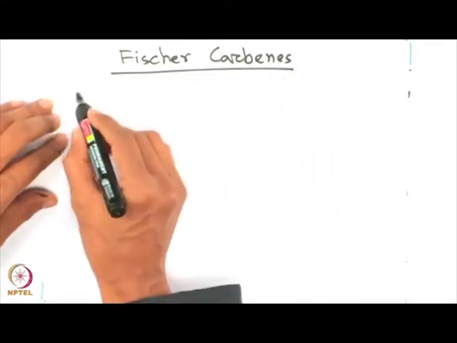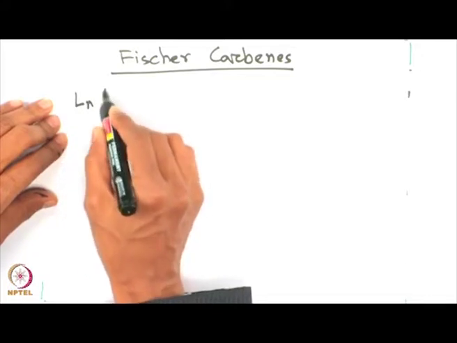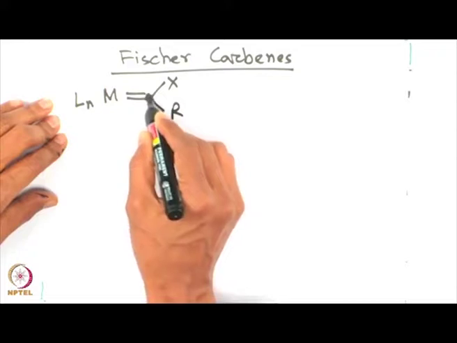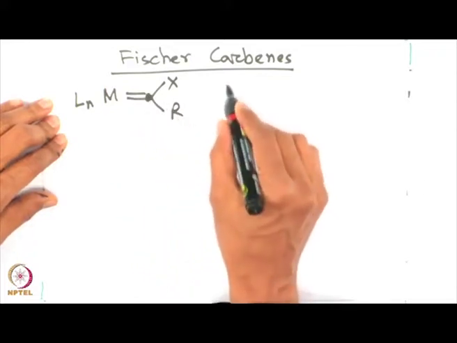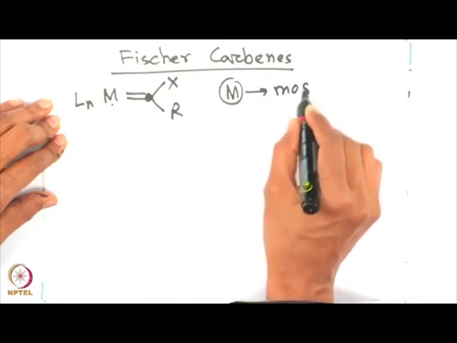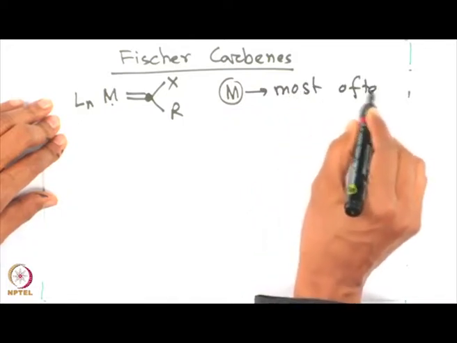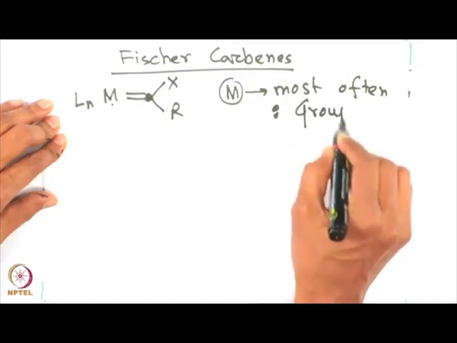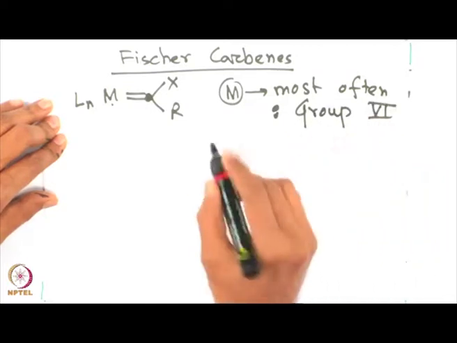Now, Fischer carbenes are the ones where you have a ligand L, a metal M, and X and R, and this is the carbene center. This M is most often, not always, but most often, a group 6 metal.